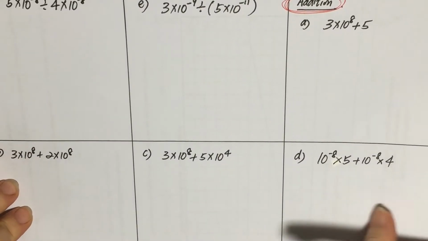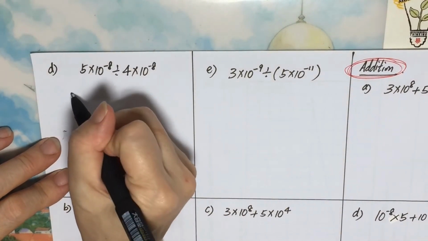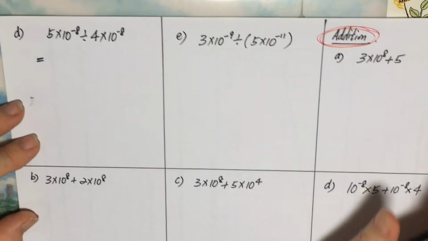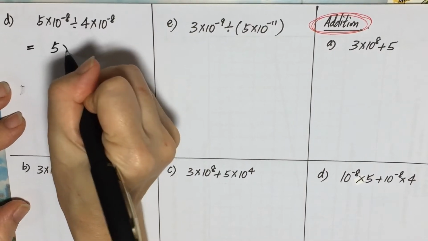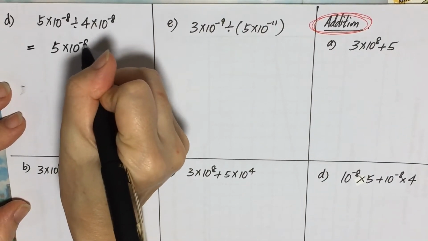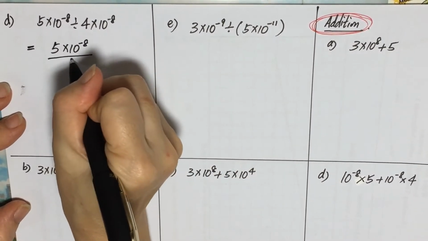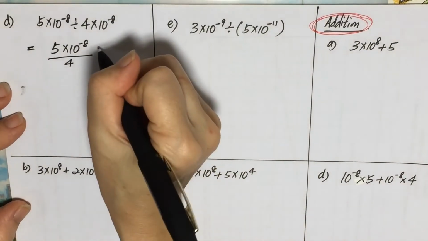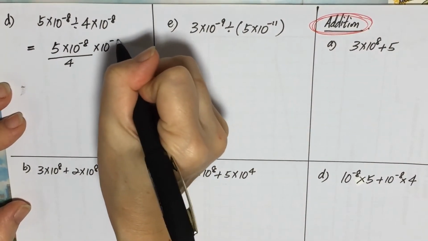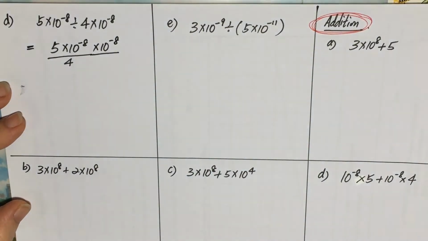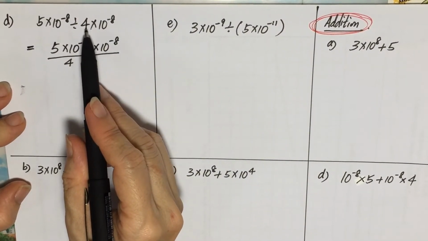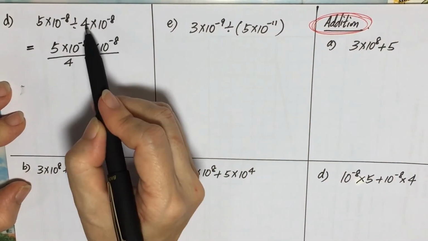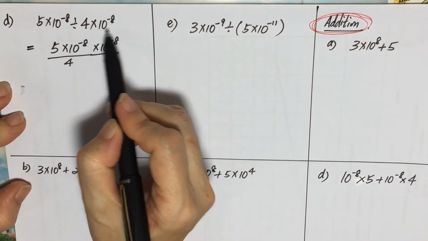Next one, question D. It's slightly different from just now. Here, I have 5 times 10 to the power of negative 8, then divide by 4, and then times 10 to the power of negative 8. The multiplication applies to this one: it's not divide by this whole thing, but divide by this, then multiply with this.